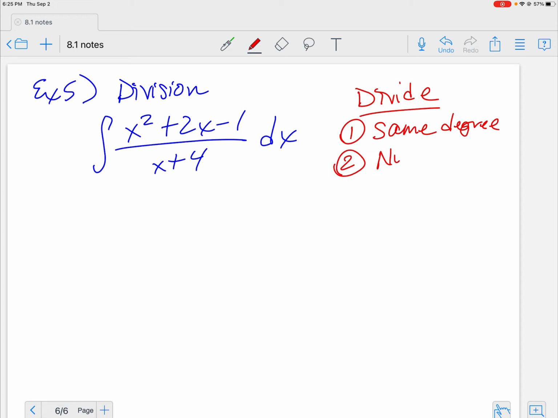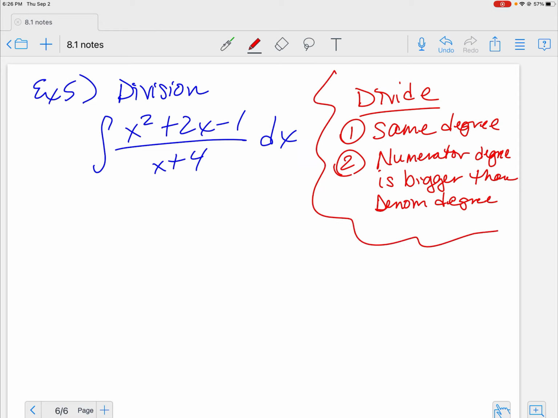Or if the numerator degree is bigger than the denominator degree. The degree in the numerator is bigger than the degree in the denominator. That is the scenario we have here.